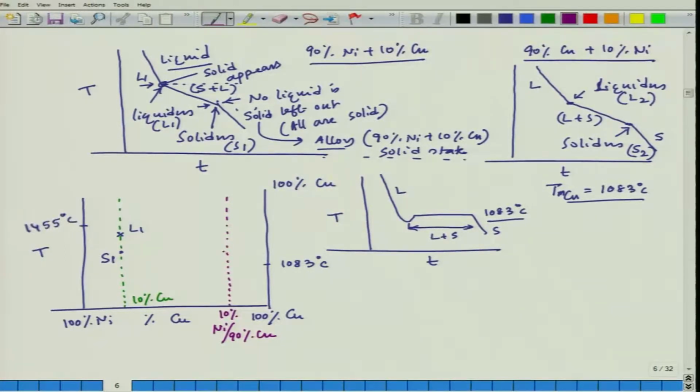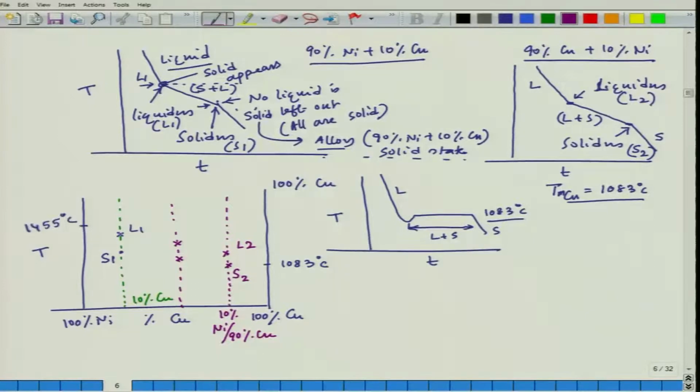So this is L2 and here it is S2. Now, if I connect all the L1 and L2 points, and we can also get some composition midway, we can get the corresponding liquidus and solidus points.